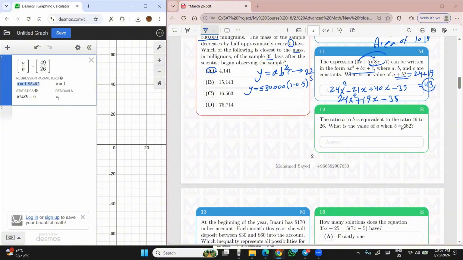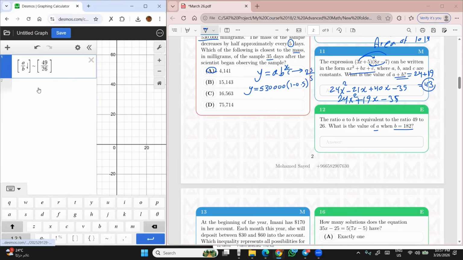We still have some numbers. B is equal to 182, and we need to get the value of A. So we make a comma here and write B, and we come here and write a comma again and write 182. So now we give them the whole idea of the question.